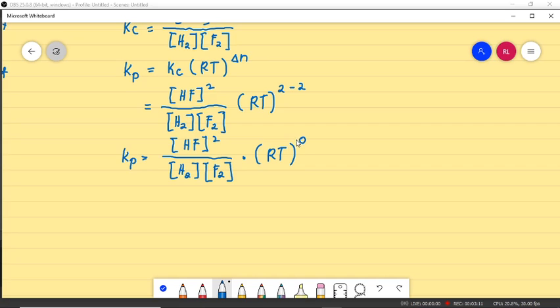This is 0. So you know that any number raised to the power of 0 is 1. So therefore, our final expression for K sub P is this one.